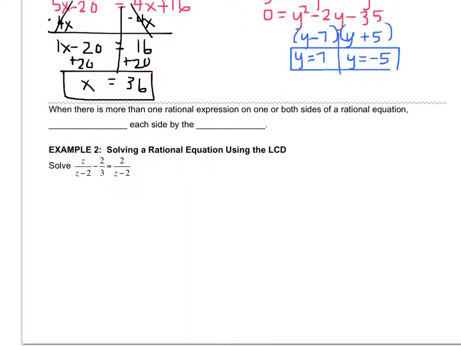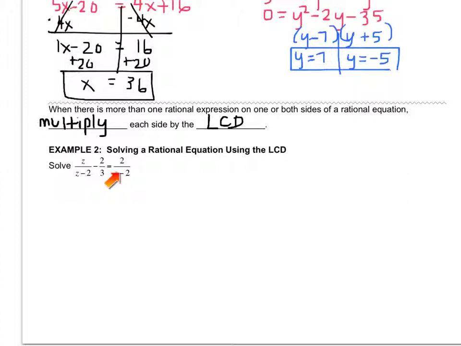Let's see what happens when you don't have the easy opportunity to cross multiply. This is going to combine what we just did in the last lesson where we had to get a common denominator. So you're going to multiply each side by the LCD. Now, you could get a common denominator and combine this left-hand side and then cross multiply.